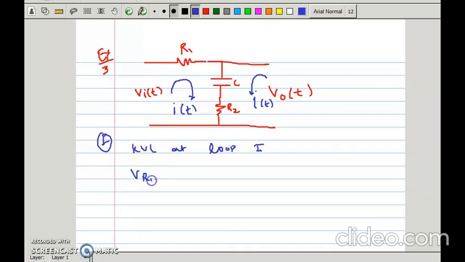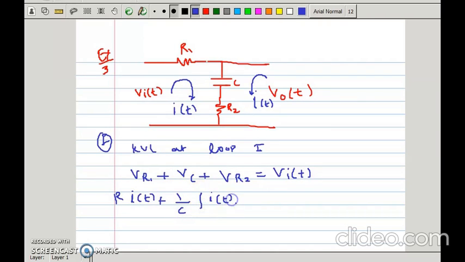See, voltage drop across resistor R1 plus voltage drop across capacitor plus voltage drop across resistor 2 is equal to Vi of t, right? What is the voltage drop across resistor R1? That is R1 I of t plus voltage drop across capacitor is 1 upon C integration of I of t dt, right? Plus voltage drop across resistor R2, that is R2 I of t is equal to Vi of t.